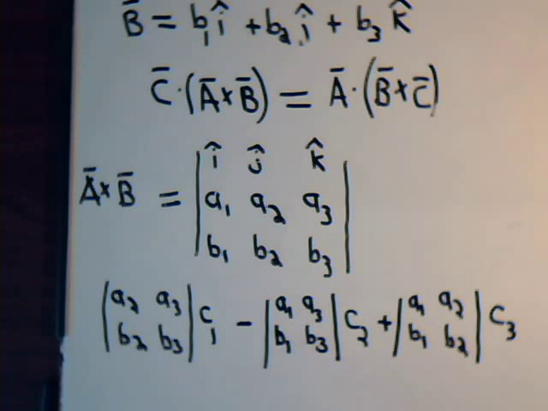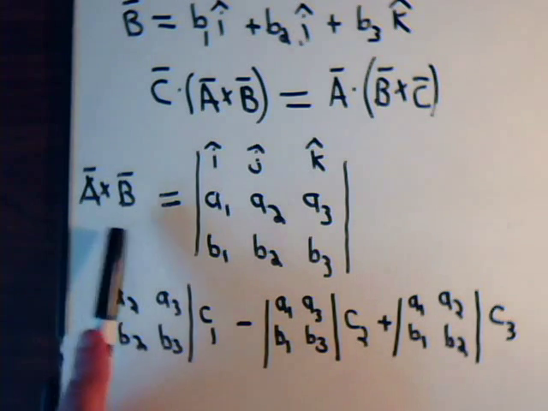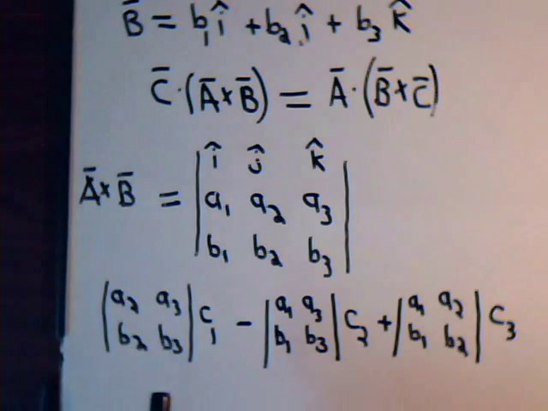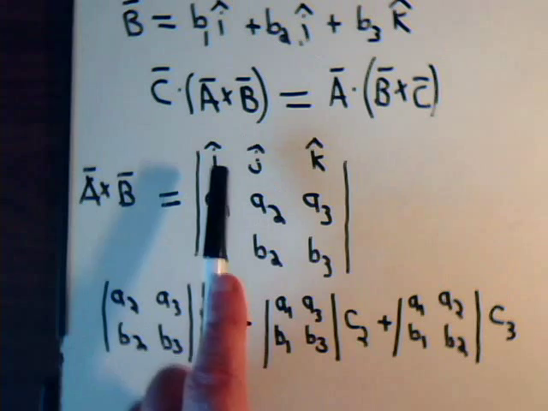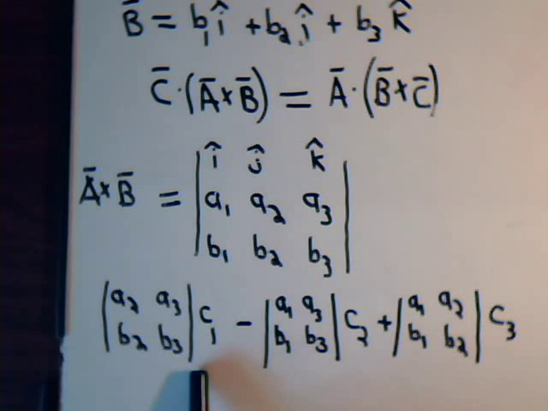Well, back in our original determinant for the cross product of A and B, this 2 by 2 determinant was multiplied by the unit vector I. Now it's being multiplied by C1. This originally was being multiplied by the J unit vector. Now it's being multiplied by C2. That originally is multiplied by the K unit vector.